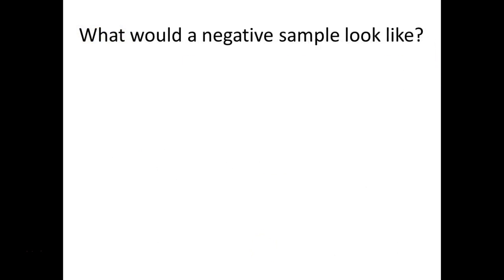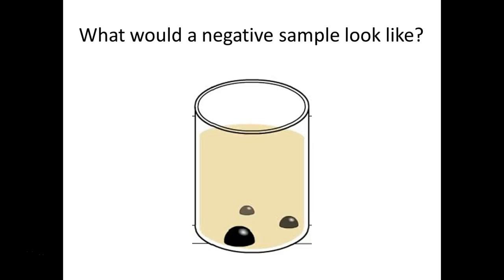So what would a negative one look like? At this point, what should only be in the well? Just the antigens, right? No antibodies. So is there anything there for the secondary to bind to? No, because the secondary doesn't bind to antigen, does it? It binds to antibody, because that's what we're trying to detect, right? We want to know if the antibody to this specific antigen we're interested in is there.